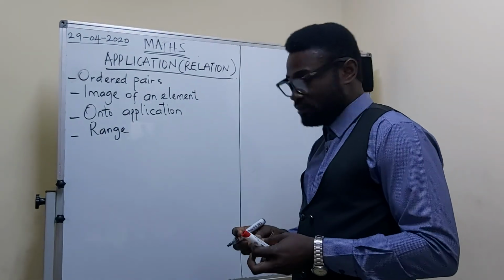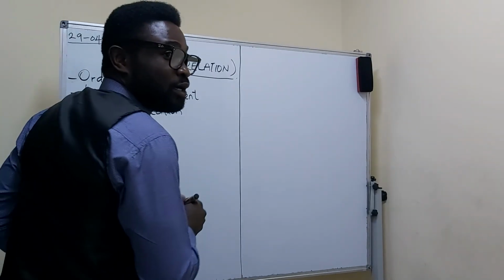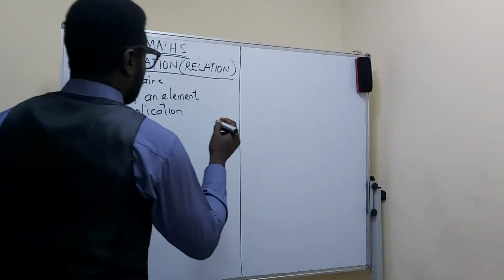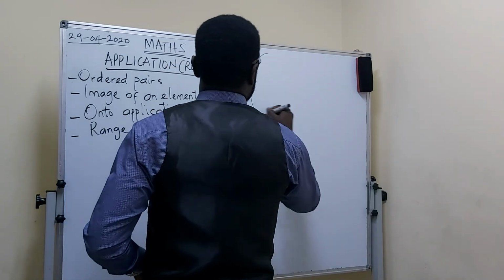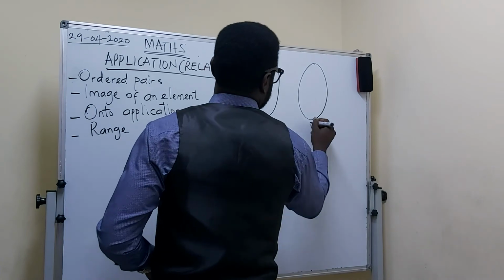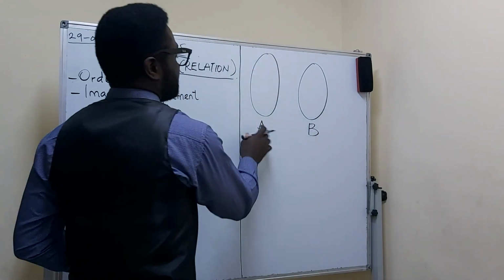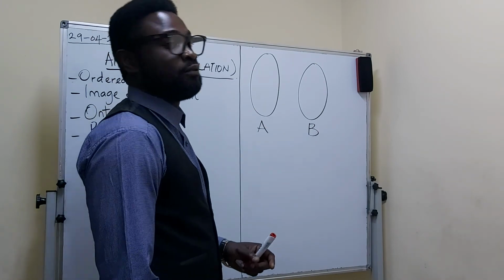Now, in the last class, I just need to remind you of what we did. We had 2 or 3 figures on the board. A shows one part of the figure and B shows another part of the figure.